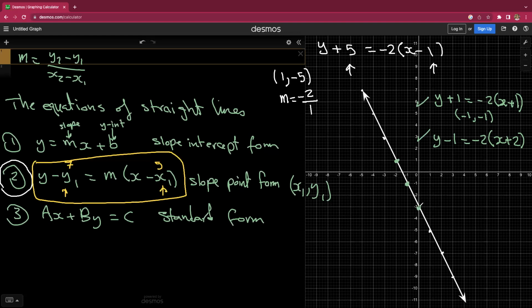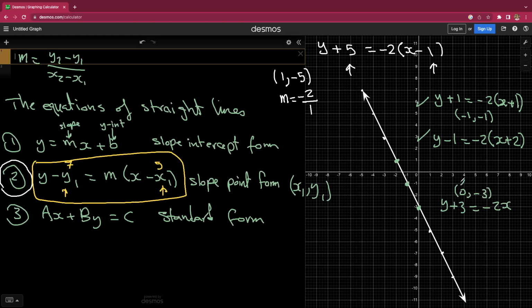I could use this if you like. So it'll be y plus 3 equals -2x. And now some of you say, what? Well, the point is 0 and -3.